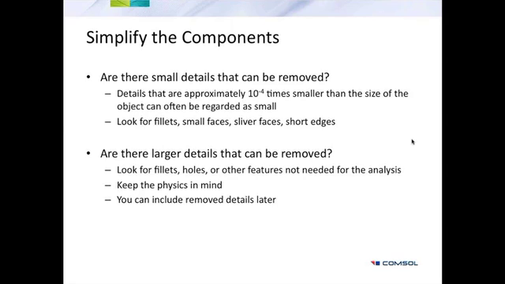One good rule is, of course, to start with as simple a model as possible. It's a lot easier to set up the physics and solve the model, and it's important to realize that you can always add details as you go along. So once you've solved a model, you can add more details to the geometry and solve it again. And it makes a lot more sense.